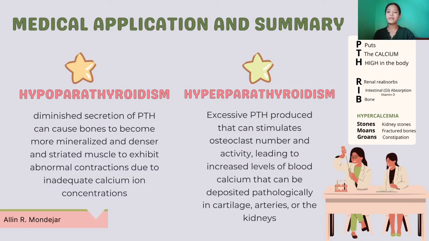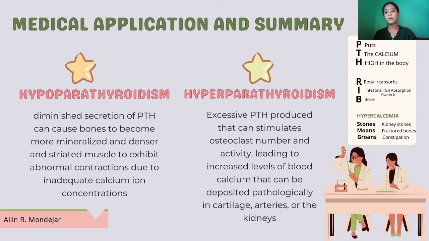Good day everyone, I am ALLIN MONDEJAR and I will be discussing the parathyroid gland disorders and the summary. There are two common medical disorders of the parathyroid gland. First, we have hypoparathyroidism, a diminished secretion of the parathyroid hormone causing bones to become more mineralized and denser, and striated muscle to exhibit abnormal contractions due to inadequate calcium ion concentrations.